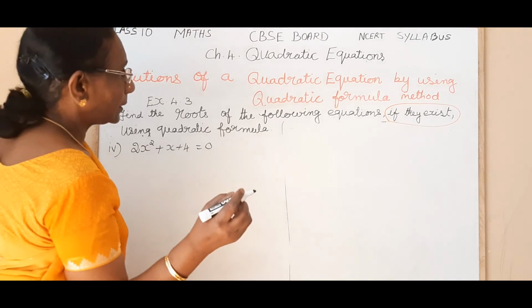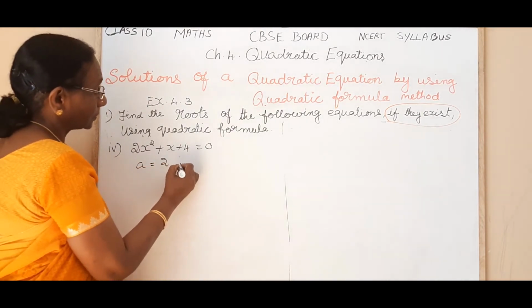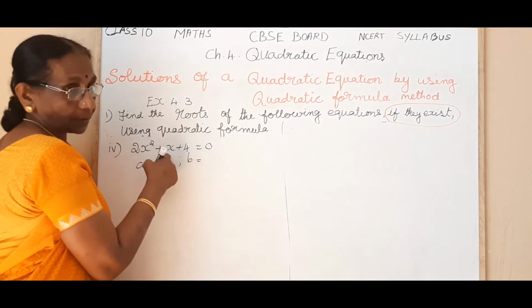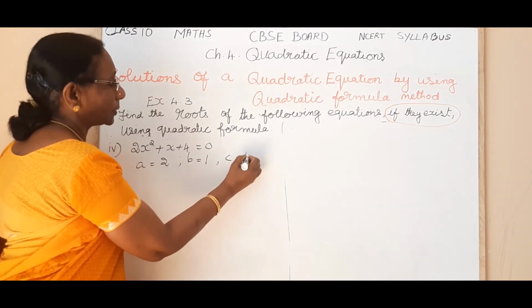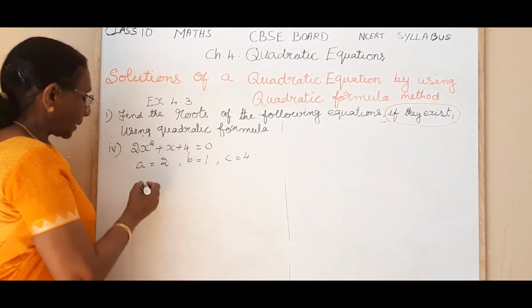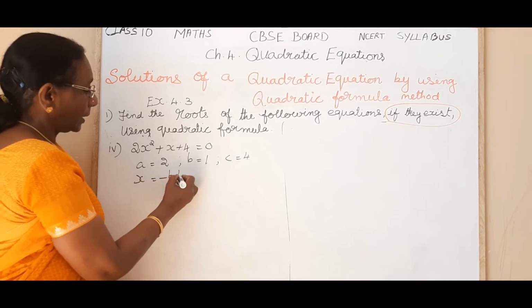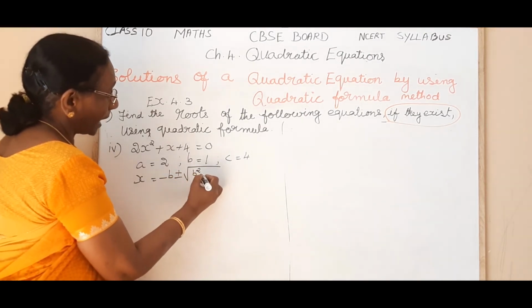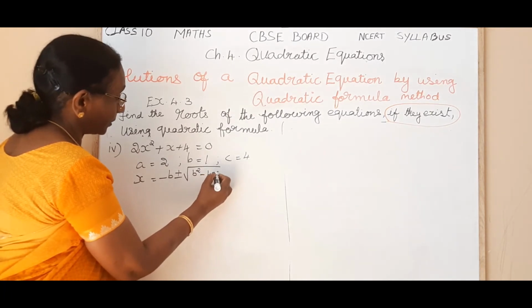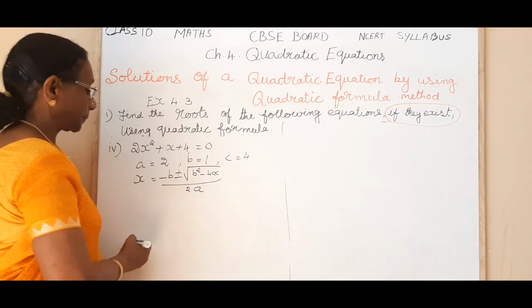Again, step 1: a is equal to 2. b is equal to, what's the coefficient of x? 1. And c is equal to 4. Okay, now write the formula. x is equal to minus b plus or minus root of b square minus 4ac by 2a.